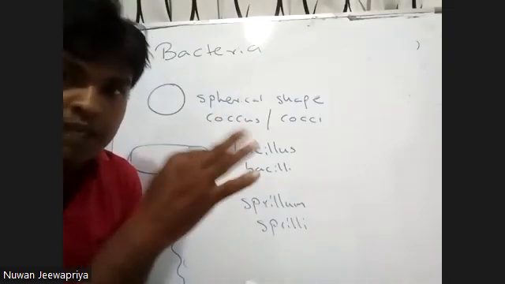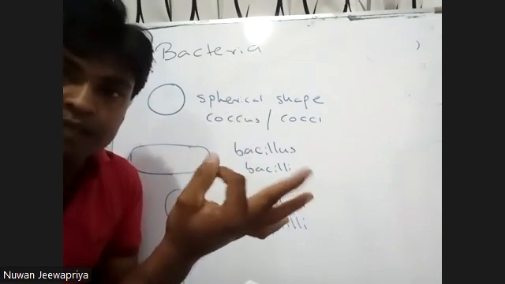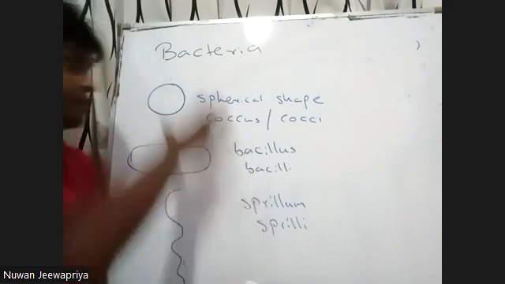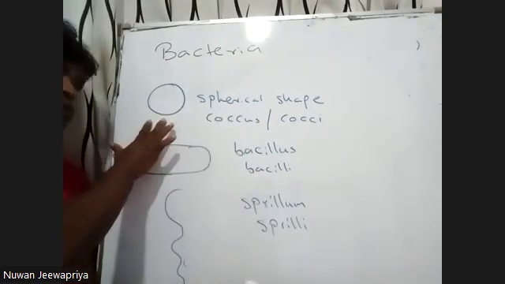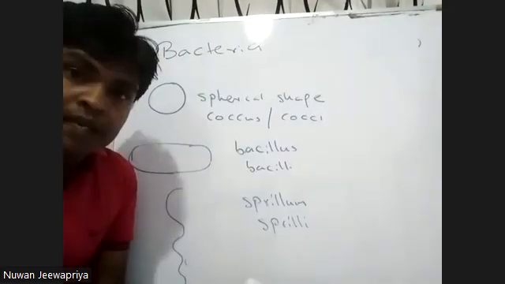In our syllabus we'll discuss three shapes: coccus, bacillus, spirillum. Now this shows how the coccus, the bacillus, and the spirillum are arranged.